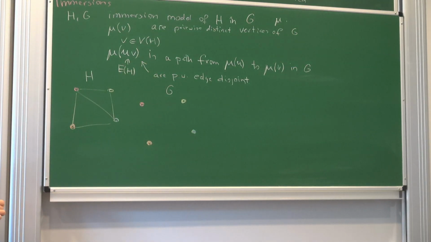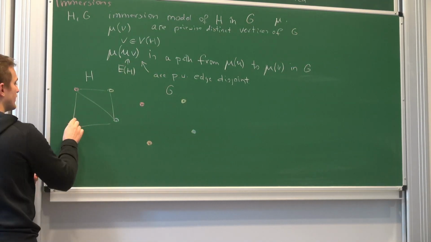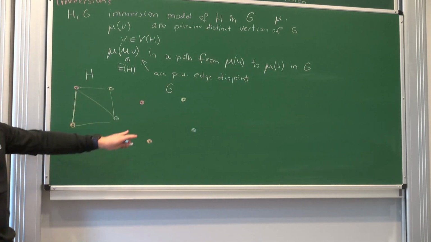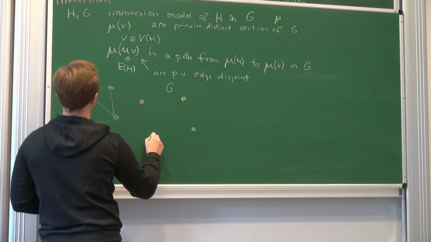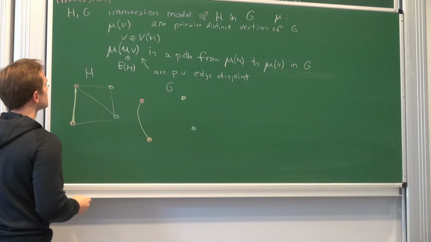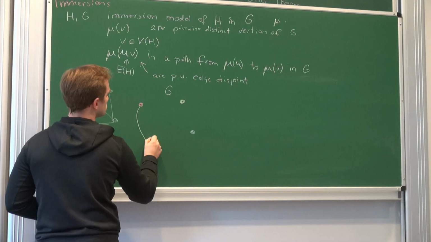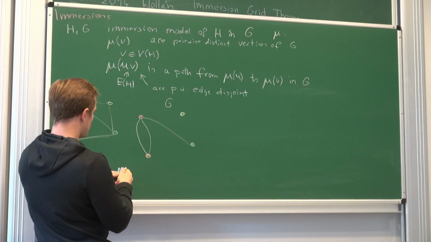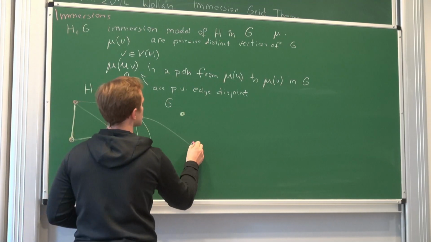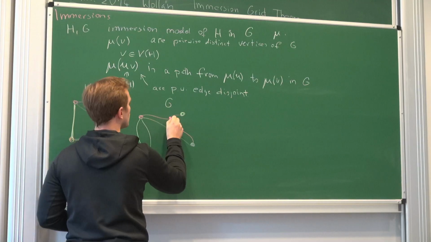And now I need to route each edge as a path in G in a way that I cannot reuse edges. So for example, maybe I route this edge like this, and maybe I route this edge like this. And then I need, say, an edge here.